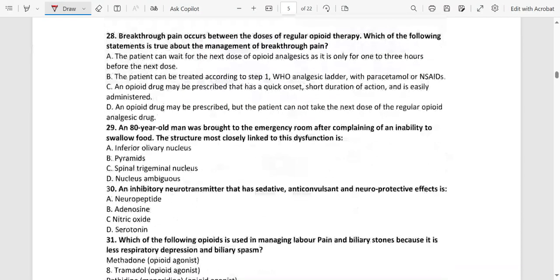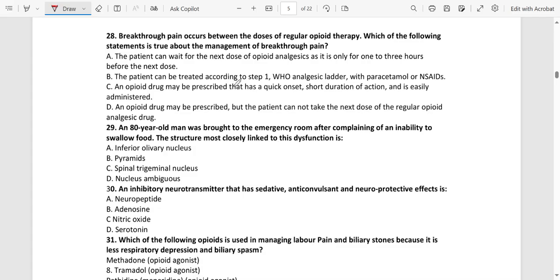Okay, so 28 is saying breakthrough pain occurs between the doses of regular opioid therapy. Which of the following statements is true about the management of breakthrough pain? Patient can wait for the next dose of opioid analgesic as it is only for 1 to 3 hours before the next dose.